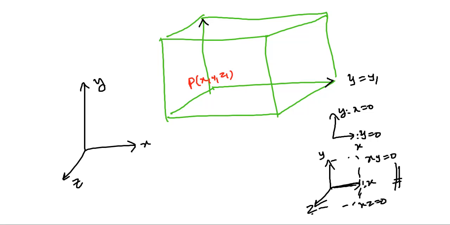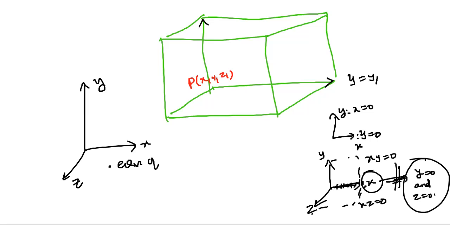So what is your x-axis equation? y equal to 0 and z equal to 0, and x not equal to 0 because x is varying here. That is how you give the equation of an axis. That is the equation of x-axis in 3D: y equal to 0 and z equal to 0.